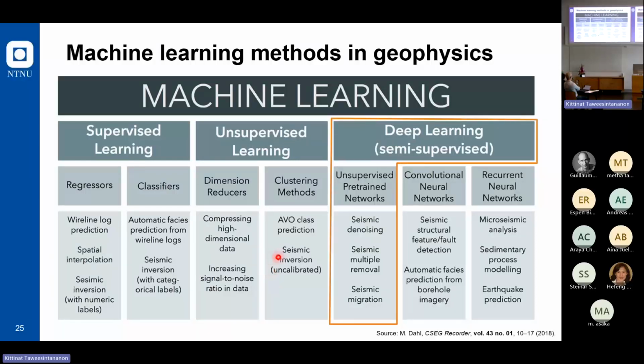The key one for seismic processing is probably the neural network, or semi-supervised techniques like unsupervised pre-trained networks, to denoise, remove seismic noise and improve migration.